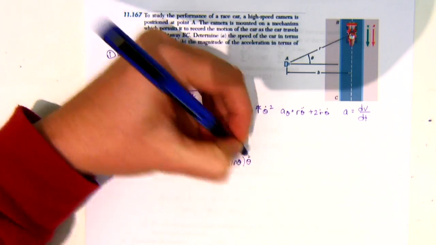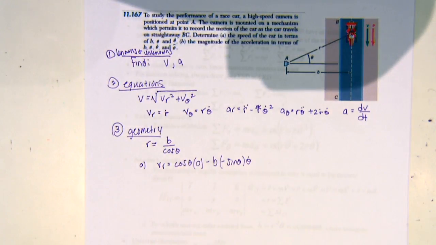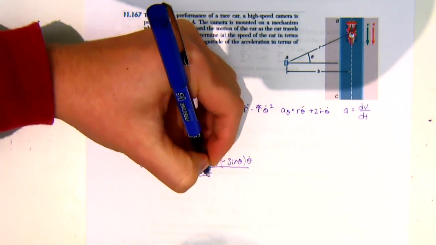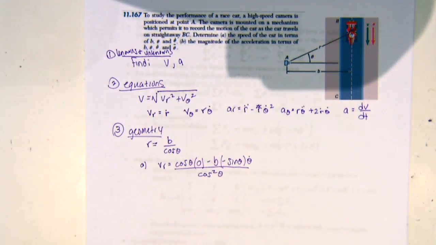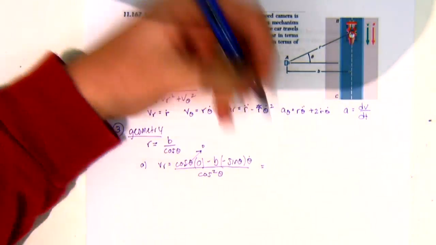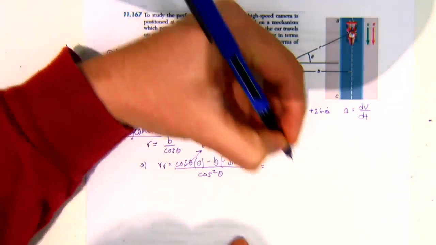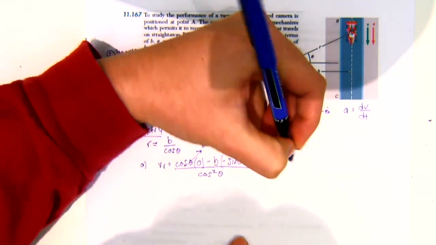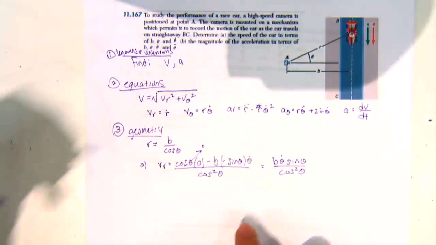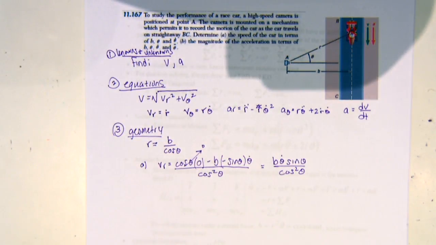So this is times theta dot. That's the trick with this one. And this is all over cosine squared of theta. So this component is 0. Simplifying, we get b theta dot sine theta over cosine squared theta. So we found one component.